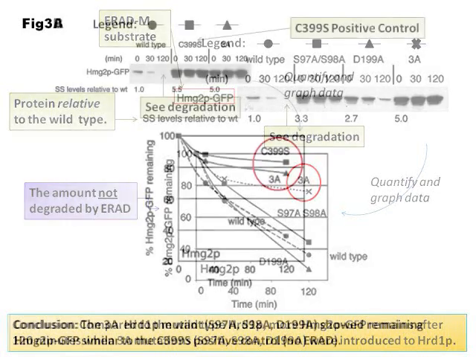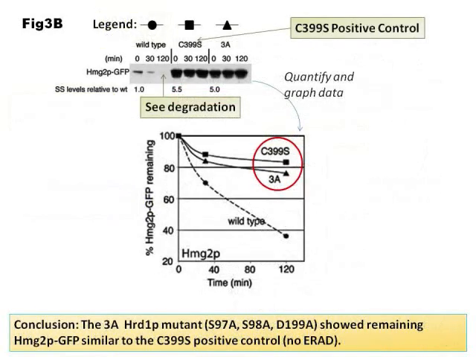In panel B, the same experiment is shown, except this time the 3A mutant is compared to a C399S HRD1P mutant, which acts as a positive control.